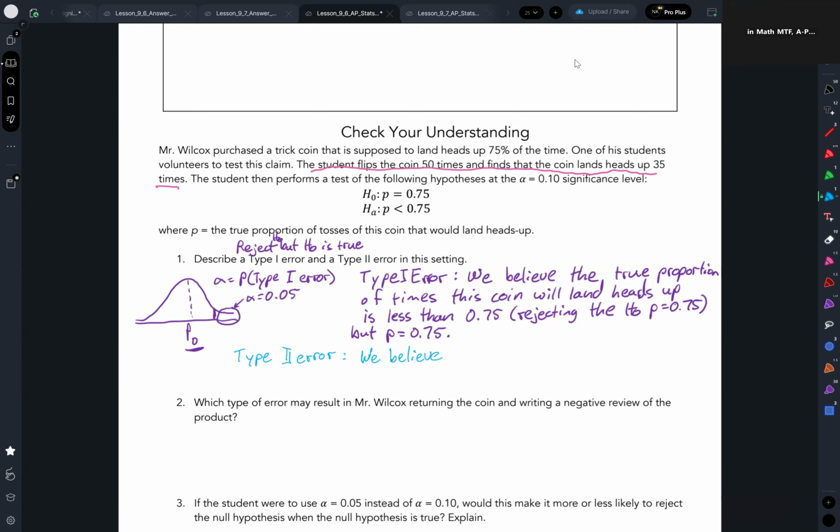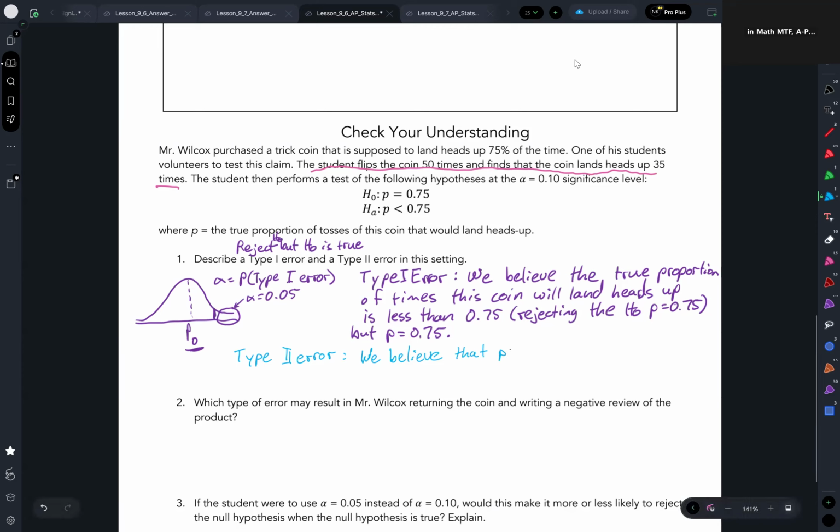If we could prove, that would solve a lot of problems, but we're having to do inferential statistics because we don't have a census. As soon as you can do a census, all of this work goes out the window. But in this case, we believe that we're failing to reject the null. So we believe the true proportion.